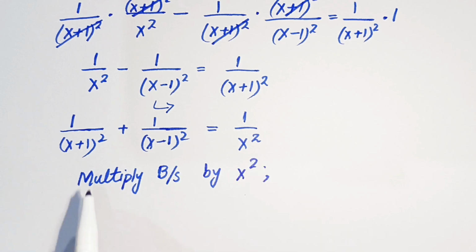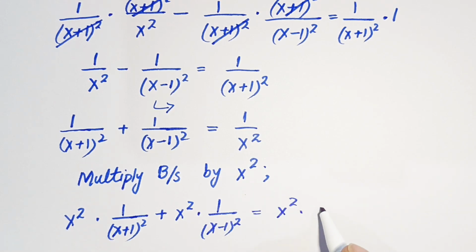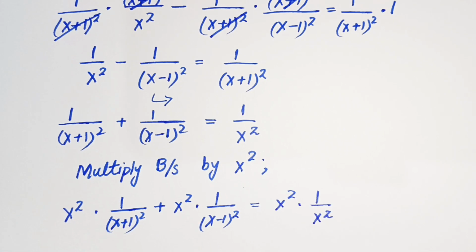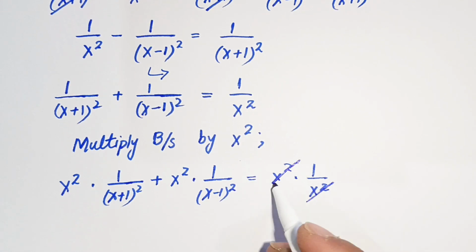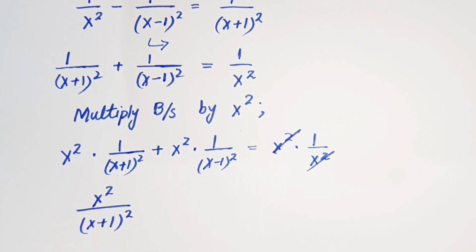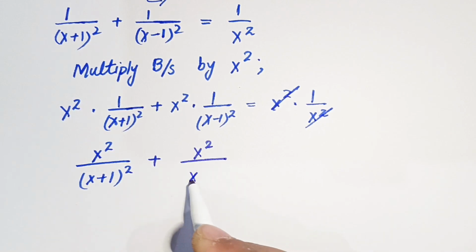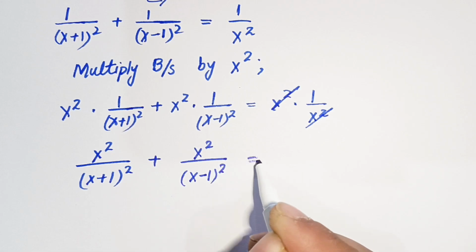Then we have x squared times 1 over (x + 1) whole squared, and similarly plus x squared times 1 over (x − 1) whole squared, which is equal to x squared times 1 over x squared. Now if we cancel x squared with x squared, we get x squared over (x + 1) whole squared plus x squared over (x − 1) whole squared, which is equal to 1.